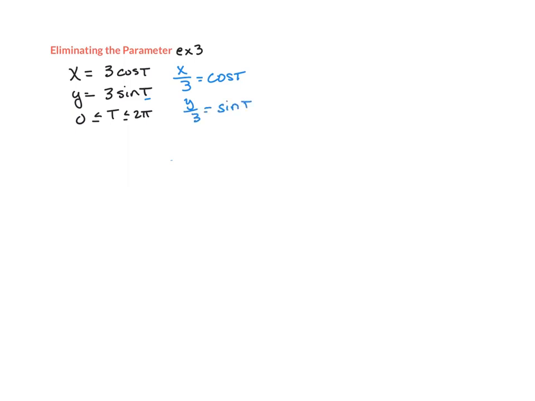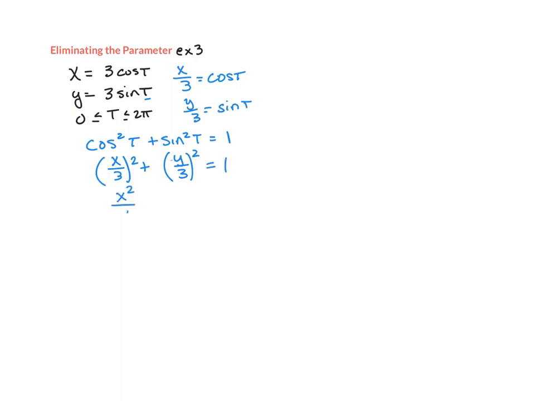And then we're just going to use a little trick, and that's a Pythagorean identity. Cosine squared plus sine squared equals 1. And since the cosine is x over 3, that means it's going to be x over 3 squared plus y over 3 for the sine of t, squared, equals 1.